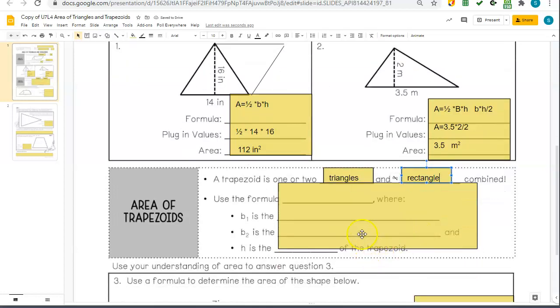Now, the formula is kind of a weird one. It's A equals 1/2 times our two bases, so base 1 plus base 2. Instead of superscripts, we're going to use subscripts here.